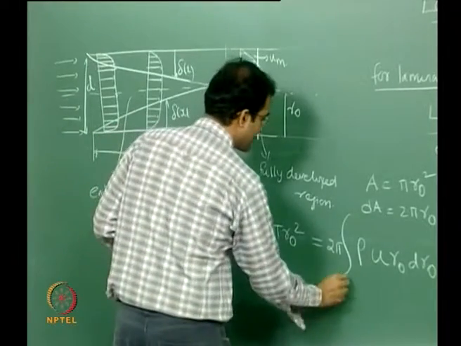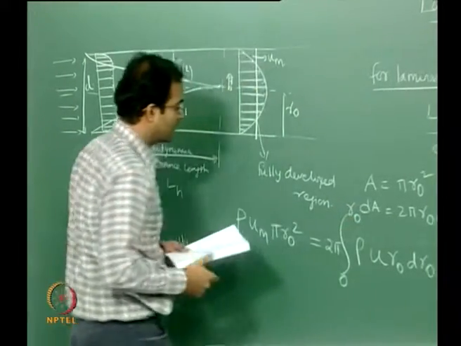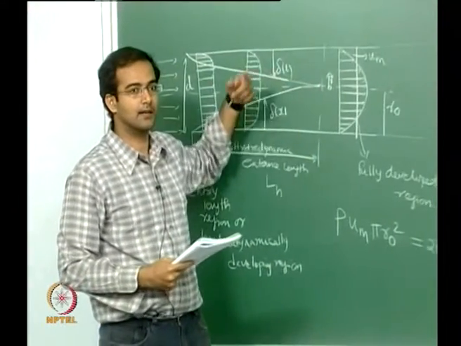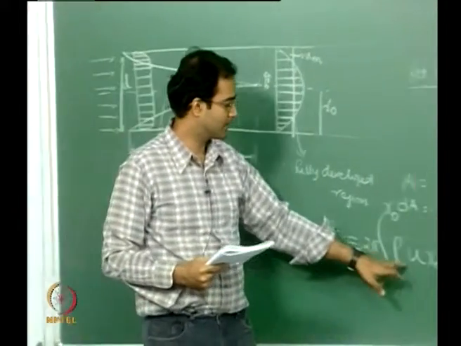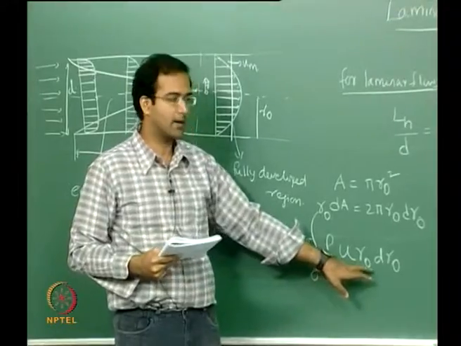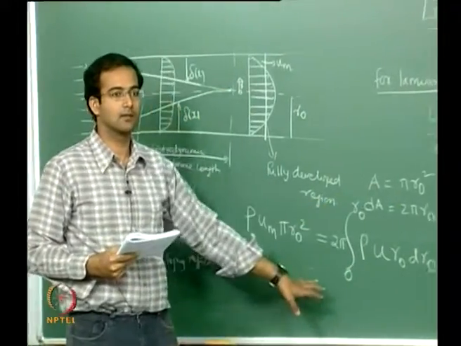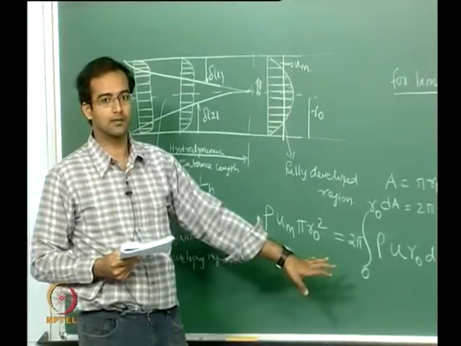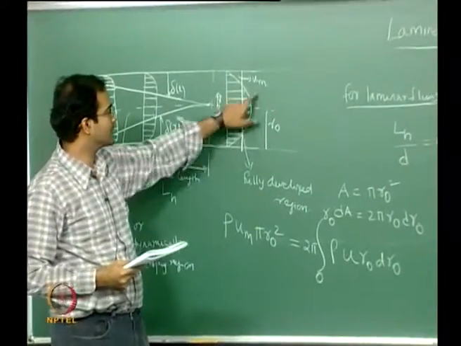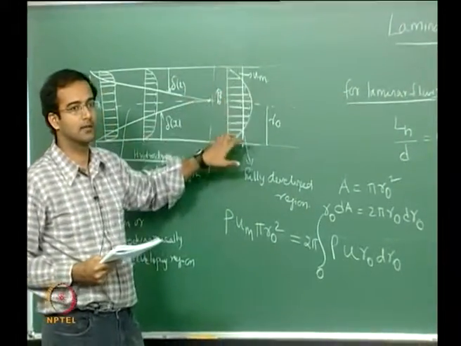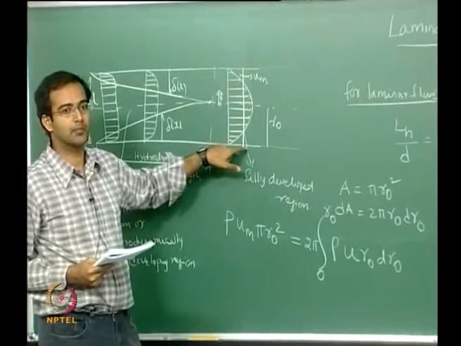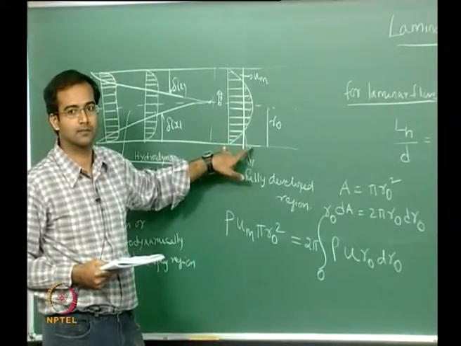Okay, so I integrate my profile across the entire cross sectional area. So that will be rho u into r dr. So this will give me the mass flow rate, and this mass flow rate given by this profile should be identical to the mass flow rate if I replace this parabolic profile with a uniform velocity.